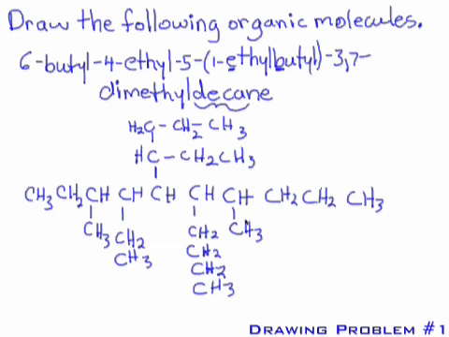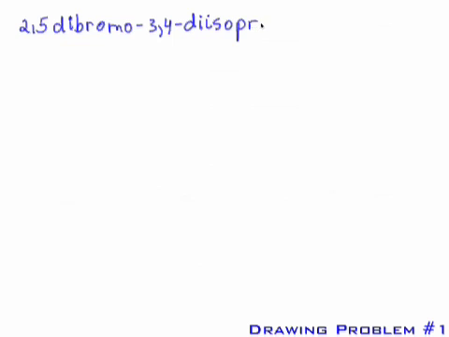The next question was draw the following molecule, 2,5-dibromo, 3,4-diisopropyl, and 7,7-dimethyl.